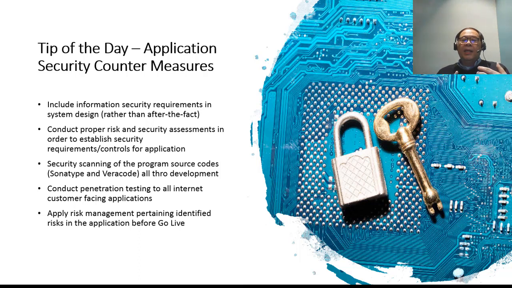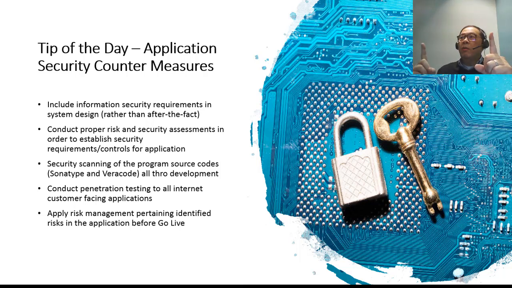Apply risk management to identify risk in the application before go live. Going live means that you're making the application available to the internet, which is not only your customers having access, it is everybody, including the bad guys, day and night, 24/7. So they can have all the time they want. Unlike in the movies, when the bad guys want to get through the vault of a bank, they have to wait until dark, and they drill through the wall in the basement and so on.